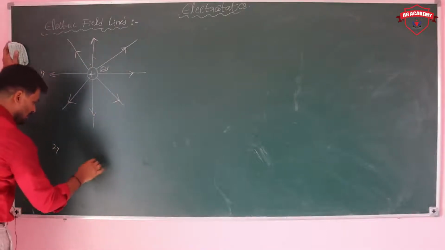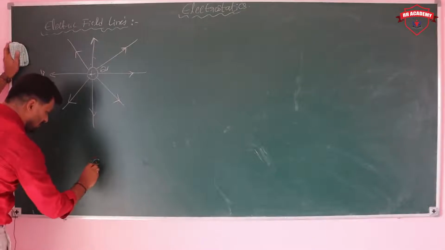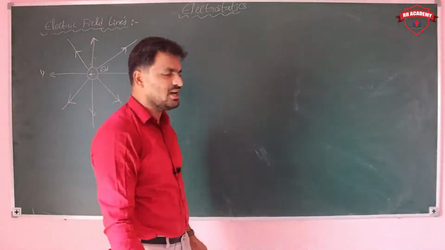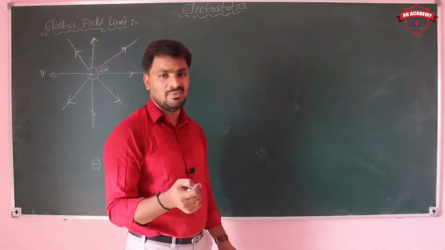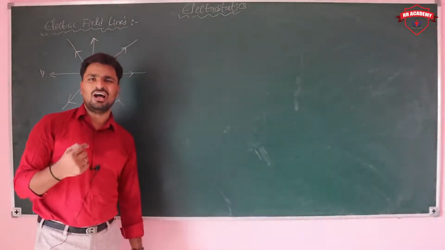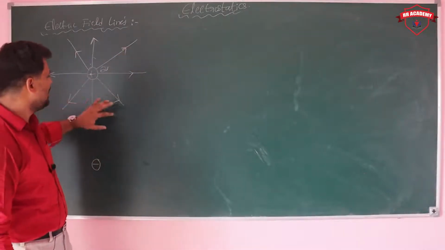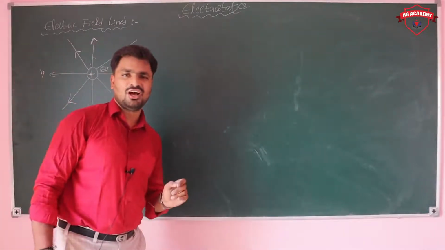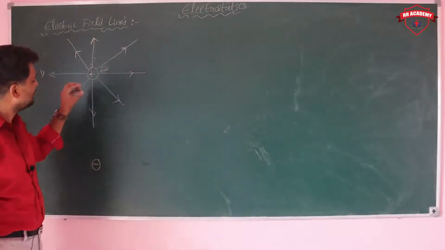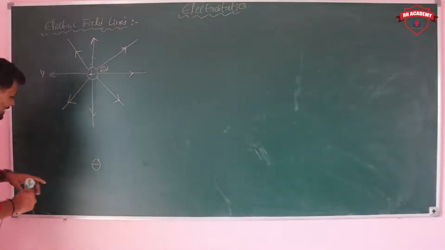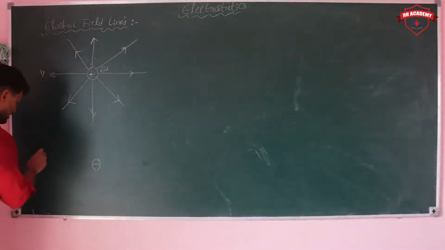So first of all, what are field lines? Electric field lines are imaginary lines drawn from a unit positive charge. If we are taking a positive charge, electric field lines start from the positive charge and end on the negative charge.